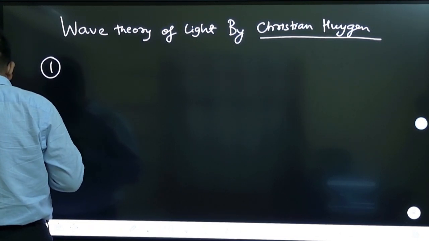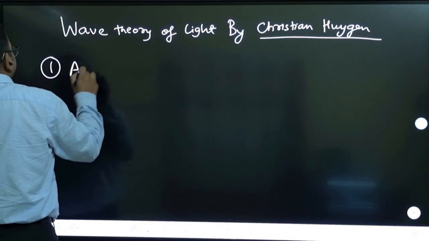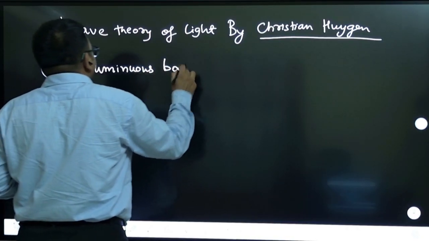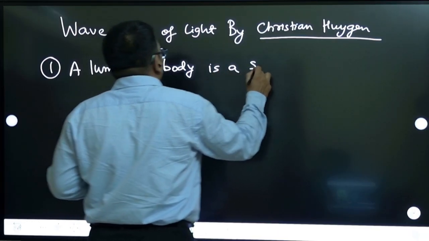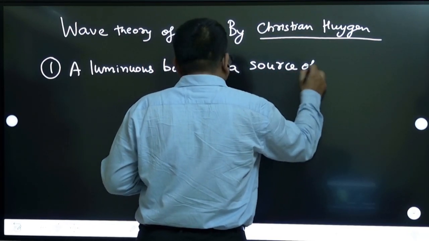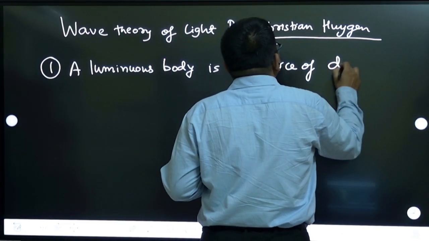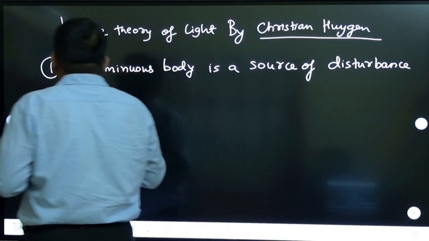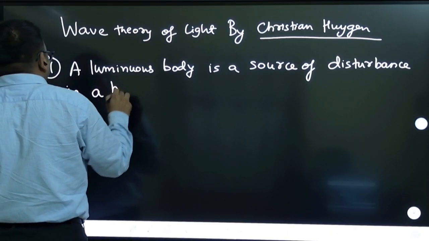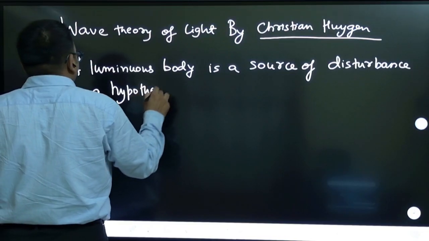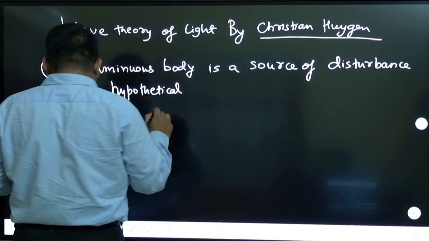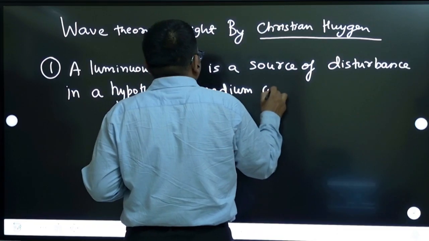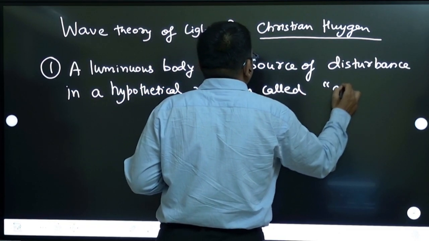According to this theory, a luminous body is a source of disturbance in a hypothetical medium called ether.